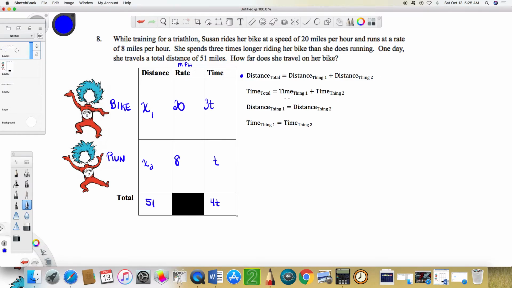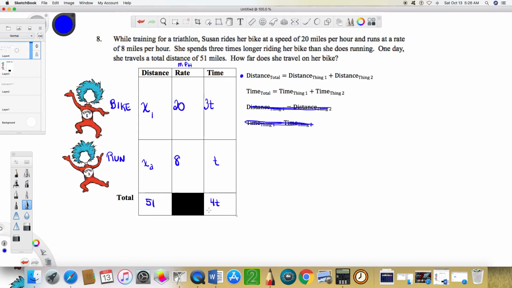I don't have reason to believe that x1 and x2 are equal to each other, that she rides her bike and runs an even split. And it says that she spends longer riding her bike than she does running, so I'm not going to set the times equal to each other.